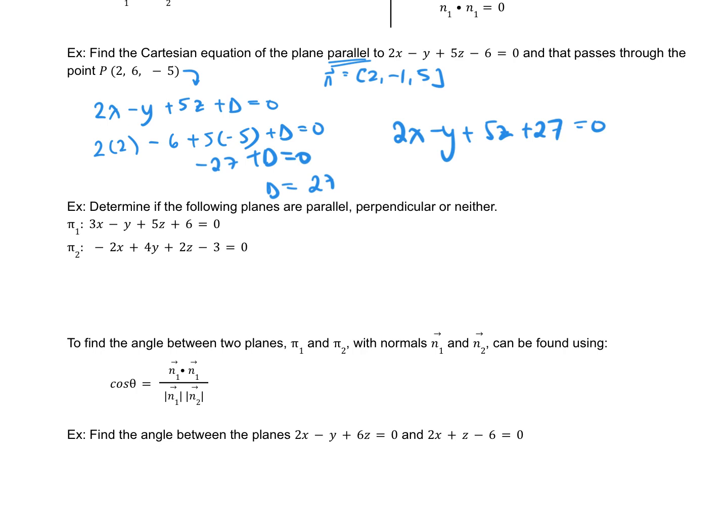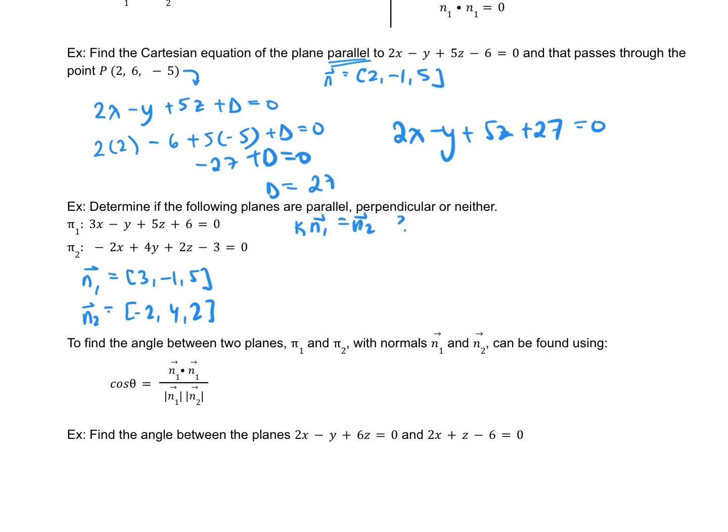Determine if the following planes are parallel, perpendicular, or neither. Well, we need to look at the normals. So the first normal is (3, -1, 5). The second normal is (-2, 4, 2). These are definitely not scalar multiples, and I can show that by testing, let's say, k times n1 equals n2.